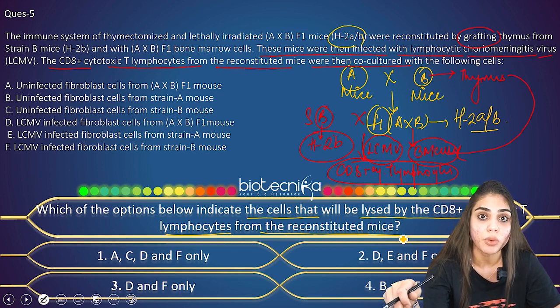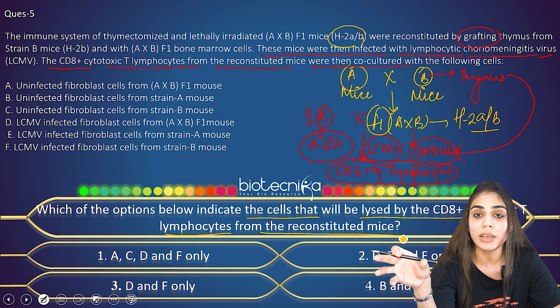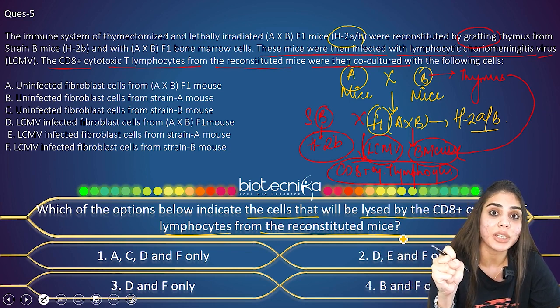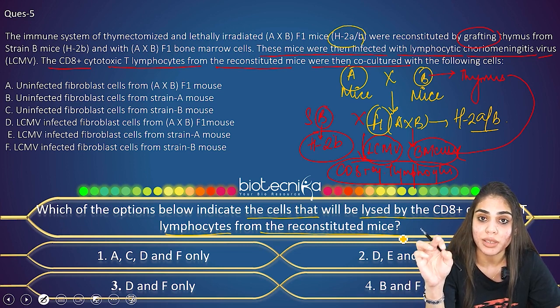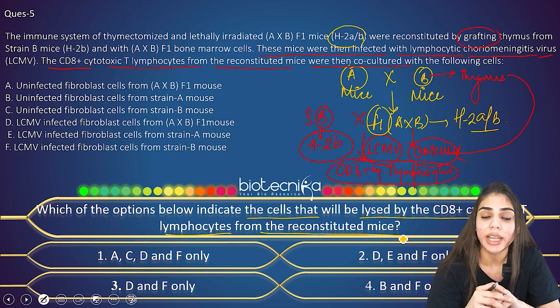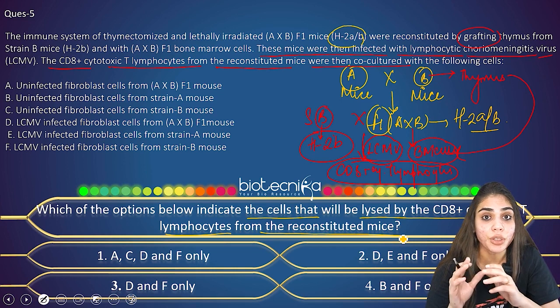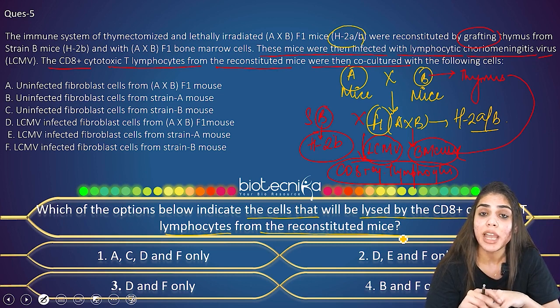Now they are asking about the specificity of these T lymphocytes. You know that these T lymphocytes are isolated from reconstituted mice. But this reconstitution was done when the thymus from strain B mice was grafted into F1 progeny. Means these T lymphocytes will only have the ability to identify their own strain, that is strain B, because the thymus was grafted into F1 progeny. And you know that T lymphocytes mature in the thymus, while they are produced in bone marrow.